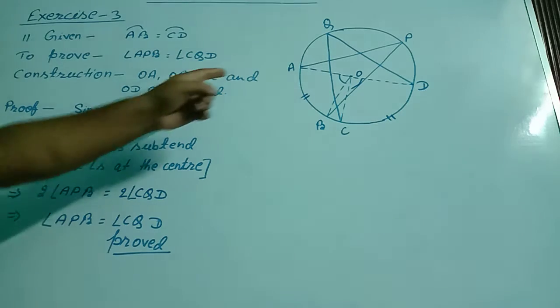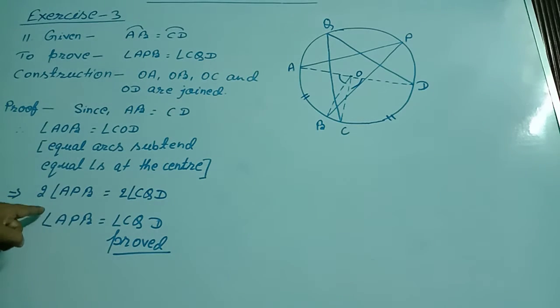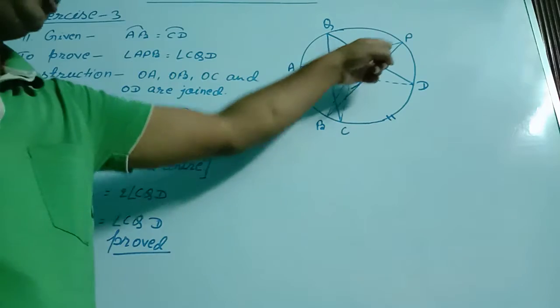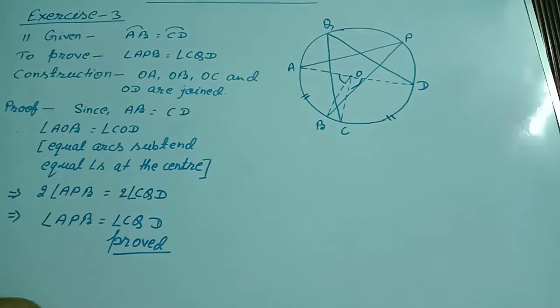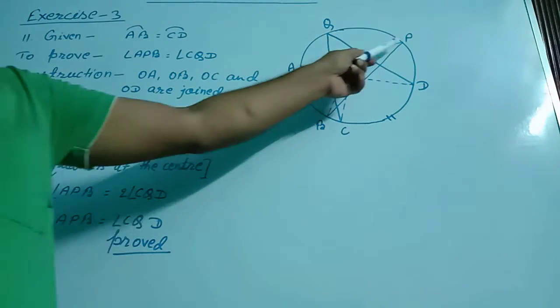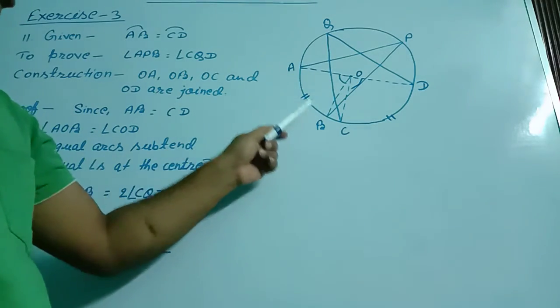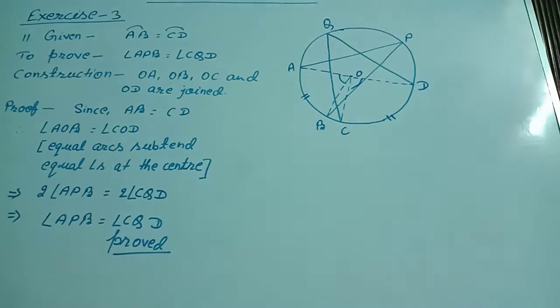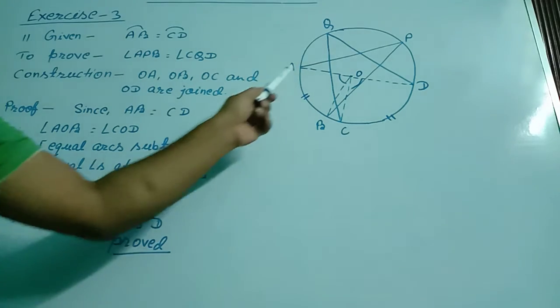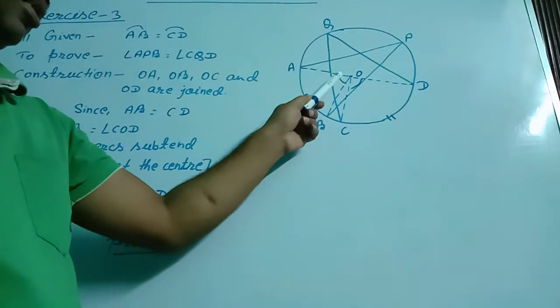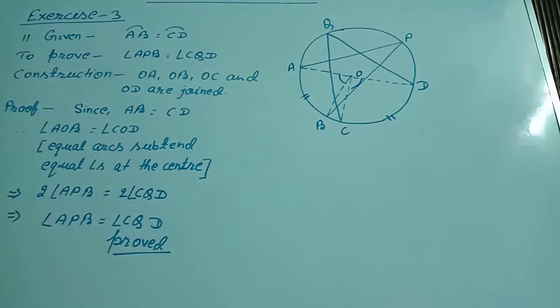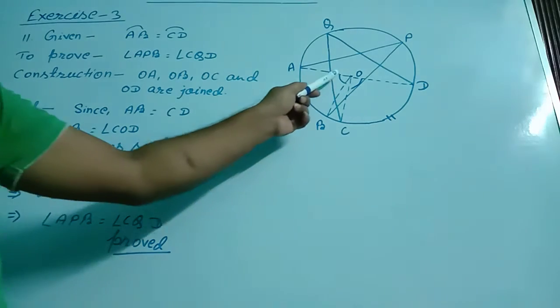And for this angle AOB, we can write twice of angle APB, because we know the angle at the circumference is half of the angle at the center. Angle AOB will be twice of angle APB.